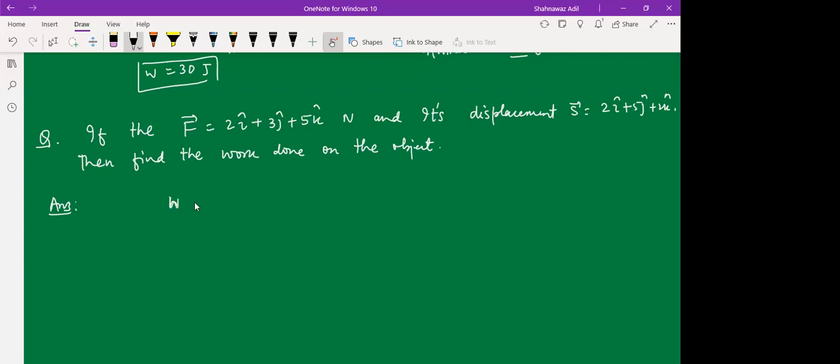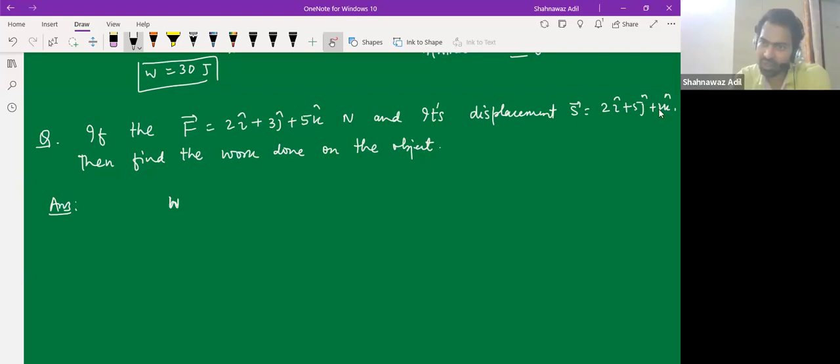So in displacement it's 2i plus 5j and 2k. So now we have to use this one. Right, guys?